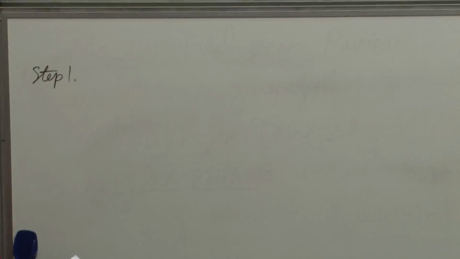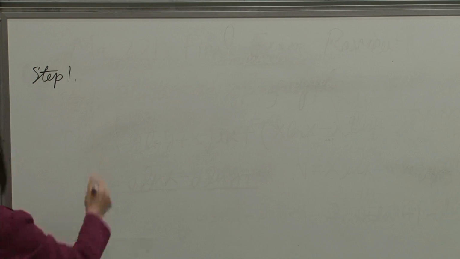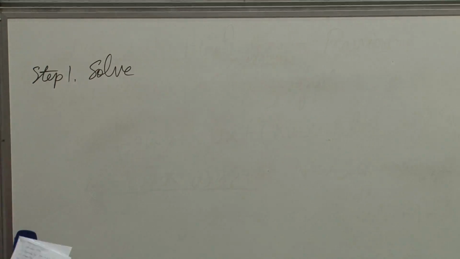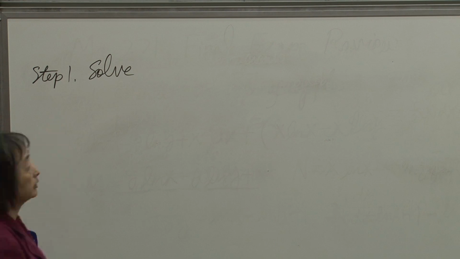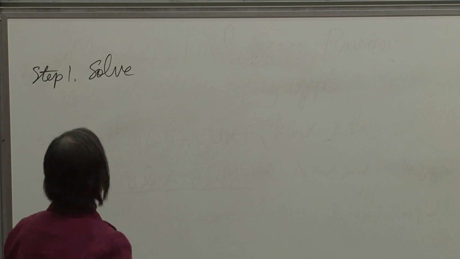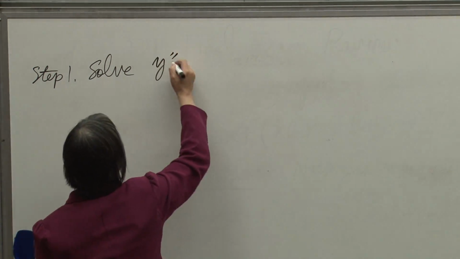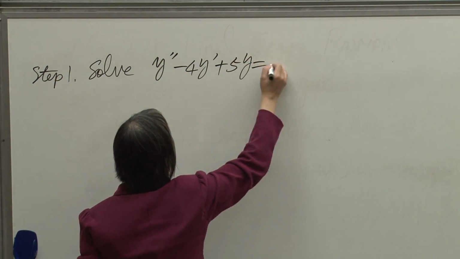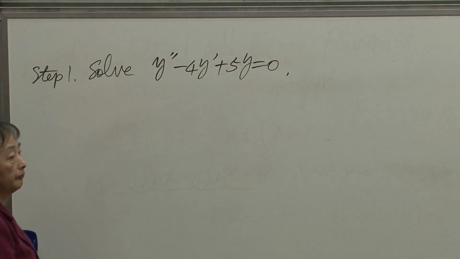Now, we need to use the basic property for this non-homogeneous equation. Regardless of using undetermined coefficients or variation of parameters, the first step is to solve the corresponding homogeneous equation. So we get y double prime minus 4y prime plus 5y equal to 0.